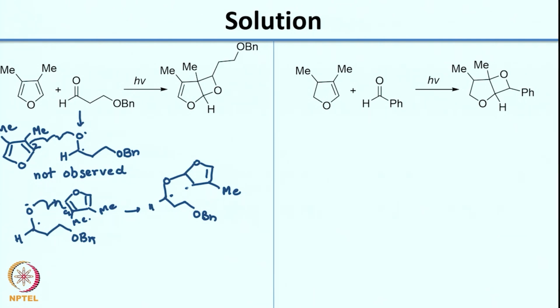Now, if you look at this intermediate, what you would see is this radical is in conjugation with a double bond. So, you have an allyl radical which is highly stable.